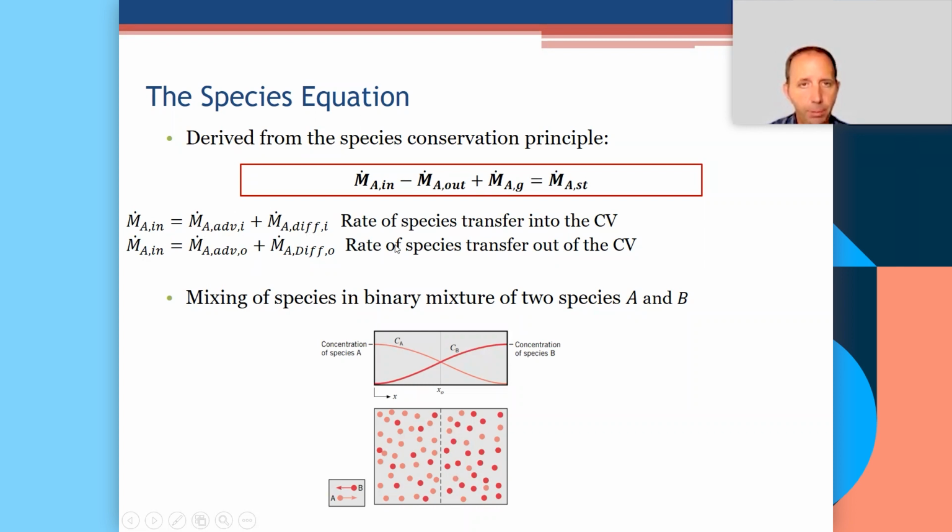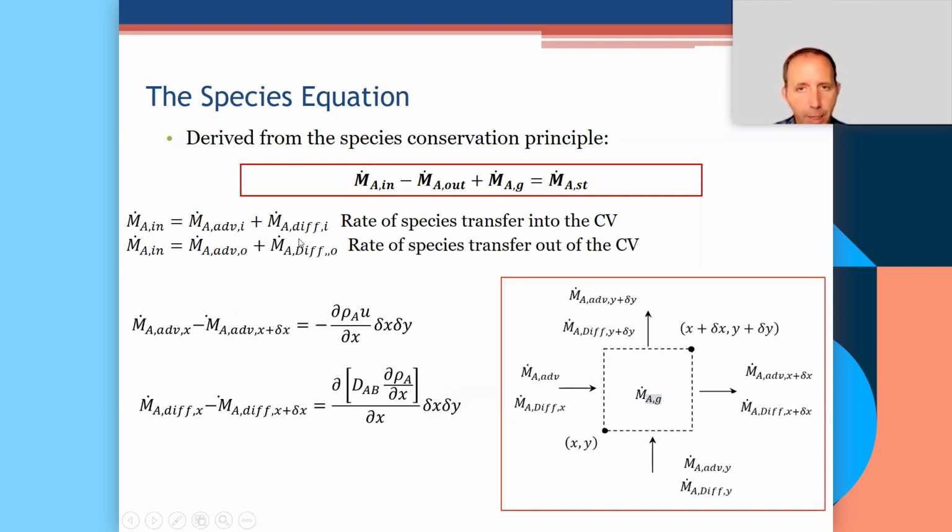So you have input and output, and I just realized now that I've got a typo here. I'll correct that. That should be the rate of outflow. O stands for out, I for in. So therefore I must correct that and put this as an outflow. So these are just essentially breaking down each of these terms into the two modes of transport.